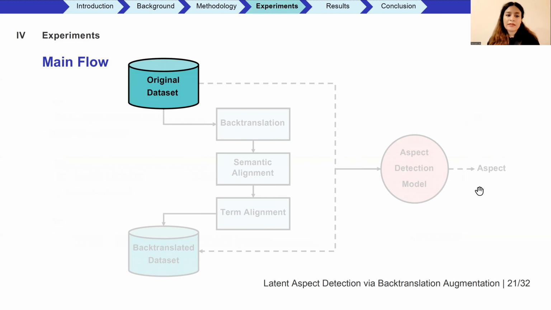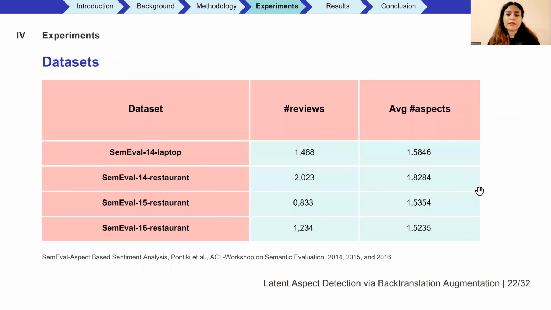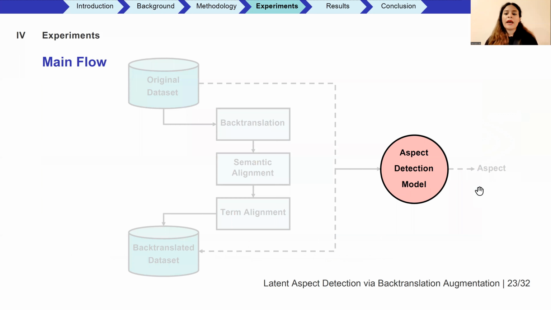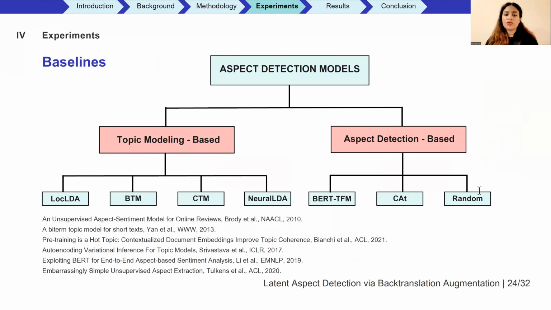To give you some statistics about our original data set, we have used benchmark data sets in sentiment analysis, versions 14, 15, and 16 of the SemEval data set in two different domains, laptop and restaurant. For the aspect detection phase, we have used two types of aspect detection models. The first is topic modeling, in which we treat each review as a document.